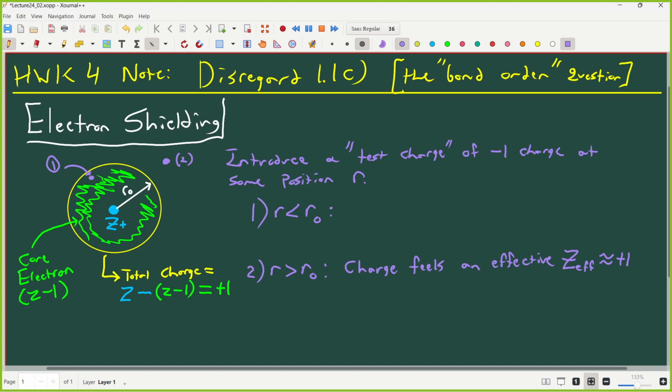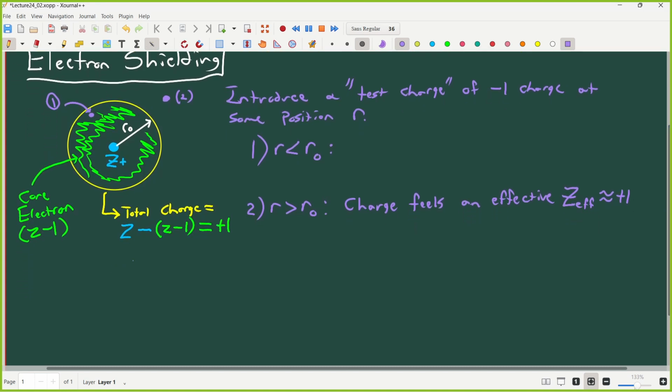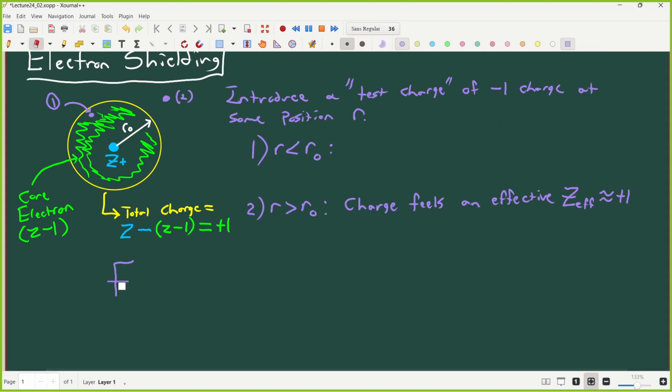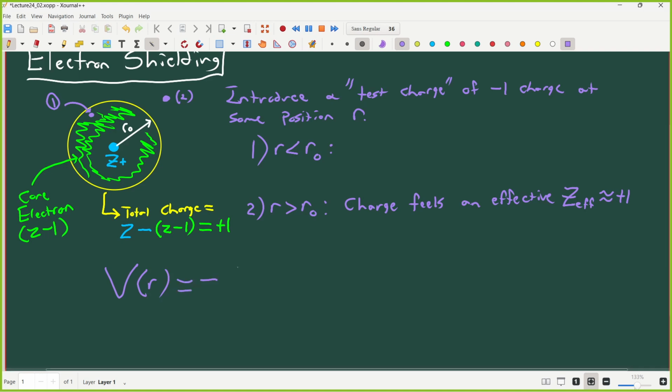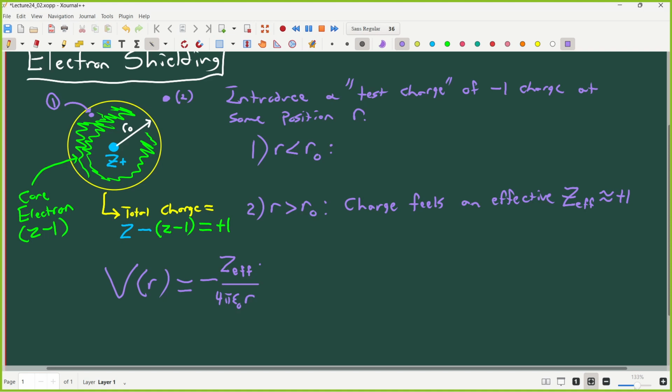And let's remember that the force that the electron feels, which is attractive, well, let's do the potential energy rather. The potential energy of the electron as a function of r is minus the effective charge of the nucleus times the charge of the electron, which is -1, so that's where the minus sign comes from, divided by 4 pi epsilon naught r.